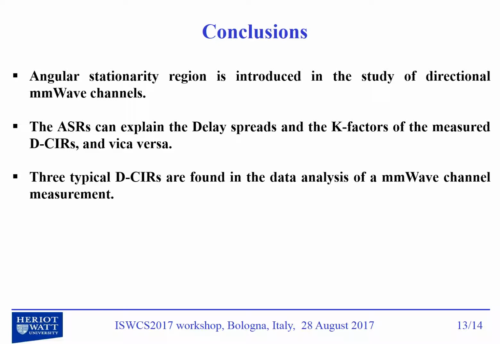Those results can mutually explain the estimated statistical parameters of measured directional millimeter wave channels. Three types of directional millimeter wave channels are found. Those could reflect the different propagation situations of the directional millimeter wave channel at different azimuth angles, such as the existence of the line-of-sight path between TX and RX, and the power gain of non-line-of-sight paths.